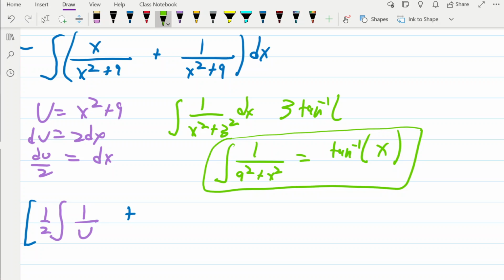Yeah, this is 1 over a, I think I remembered the formula correctly initially. 1 over a, x over a.